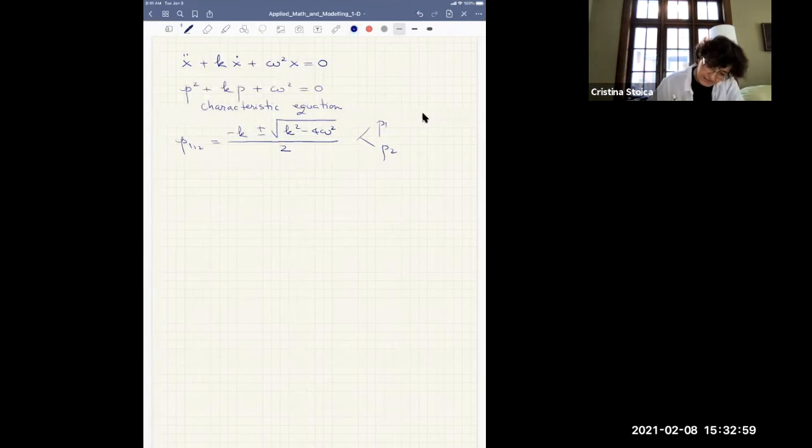And then the solution is, we have cases. If K squared minus 4 omega squared is positive, then P1 and P2 are real, and actually we can write what they are. That's one, and then P2 is the other one.